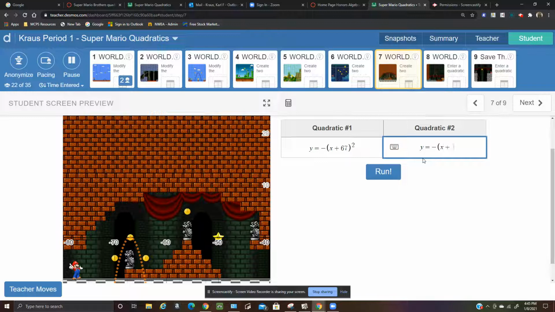So x plus 55 squared. And then make that wider.